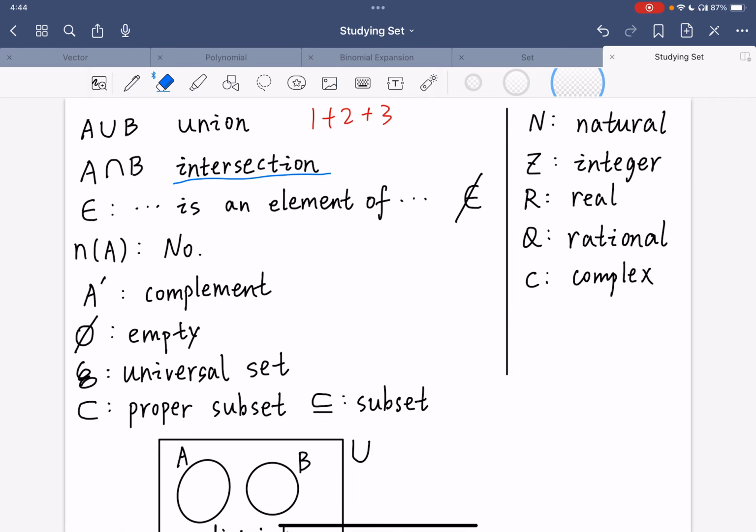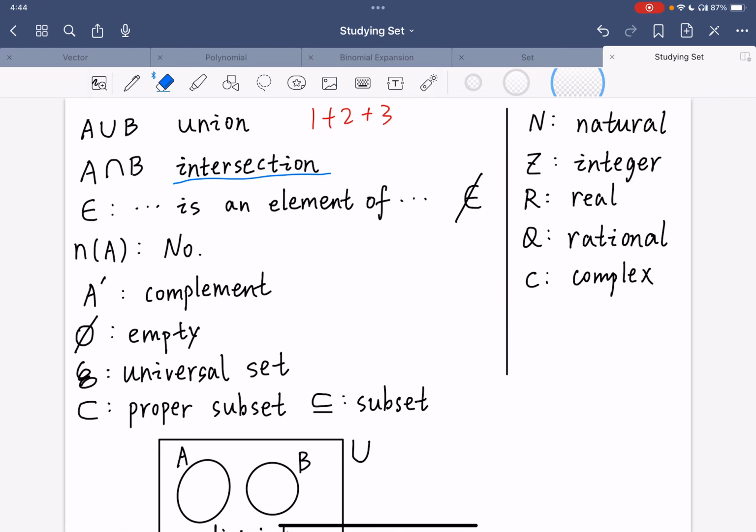Don't be confused. The complement is still outside the circle A. So we have to remove the overlapping area from the complement because it still lies in the set A. Very simple, very straightforward.